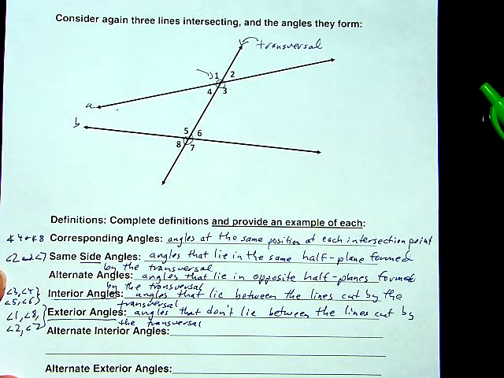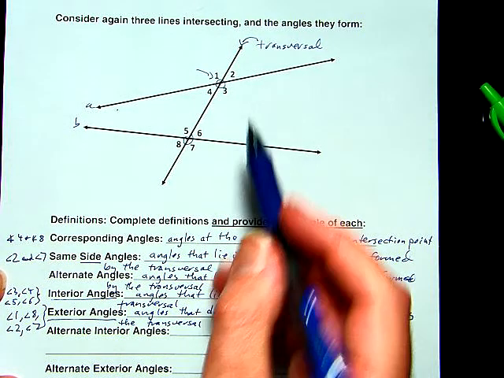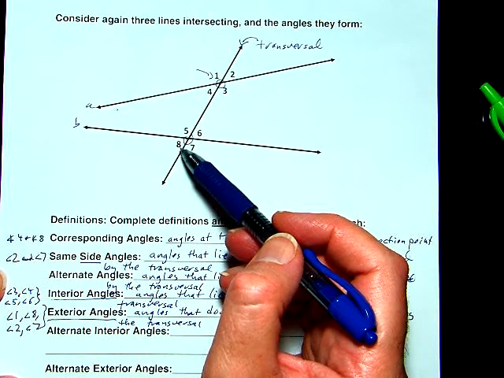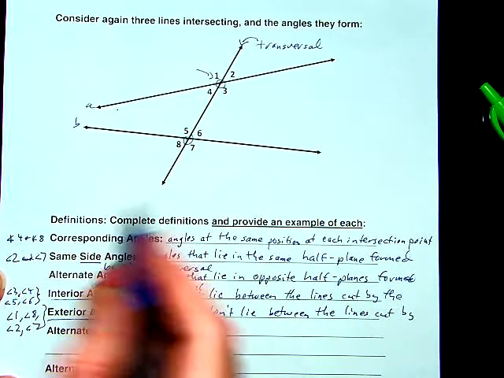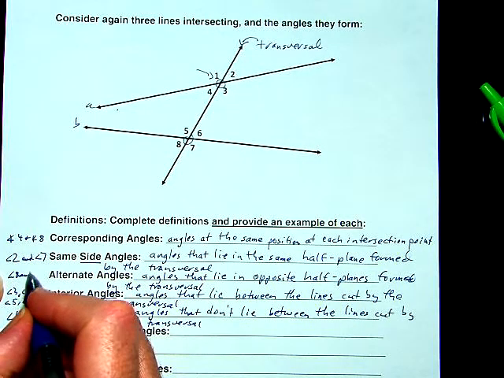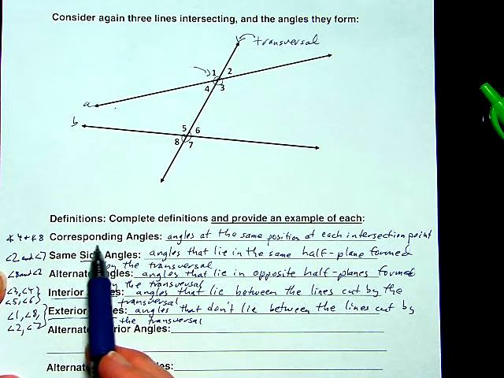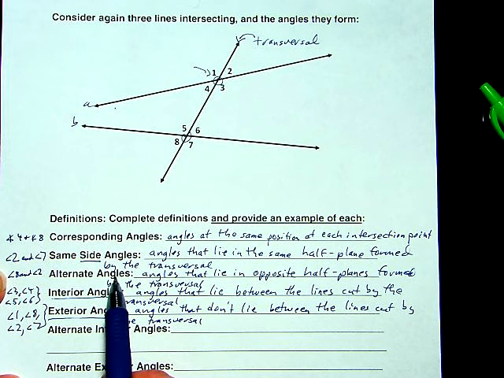And alternate angles are pairs of angles that are on opposite sides of the transversal. So, for example, 8 and 2 would be alternate angles, angle 8 and angle 2. Notice that corresponding angles and alternate angles are pairs of angles.